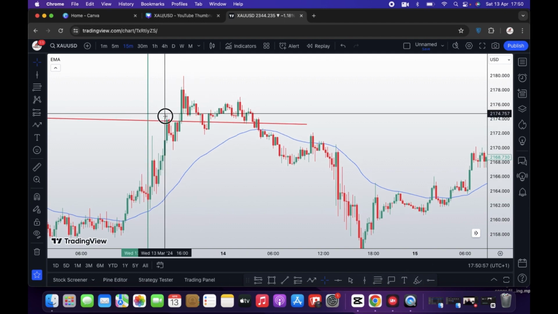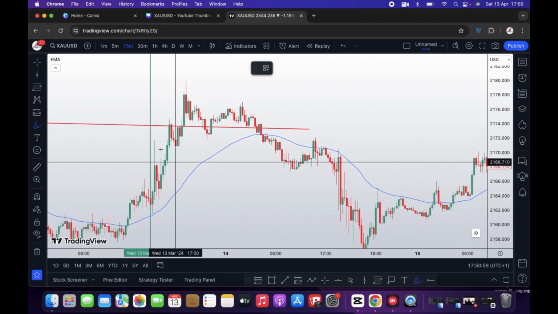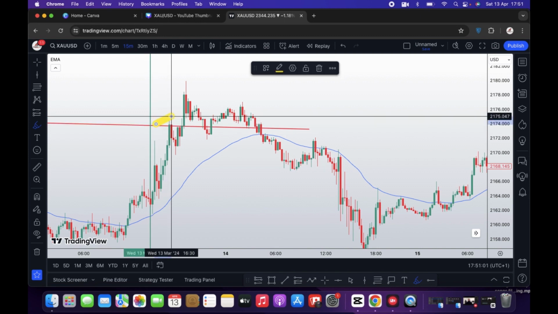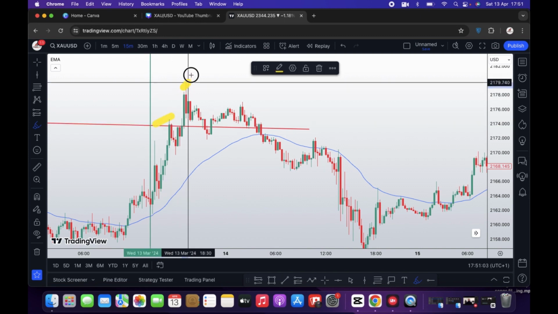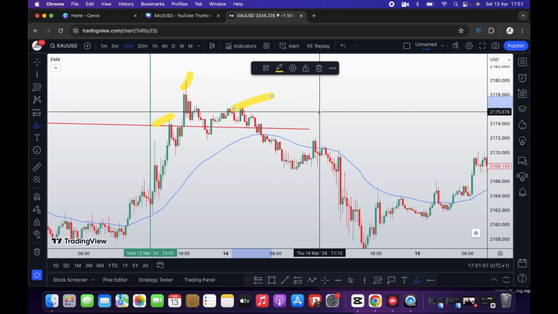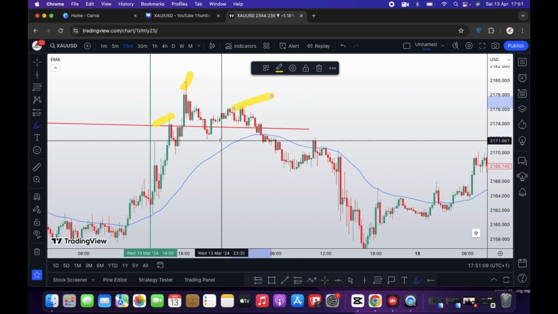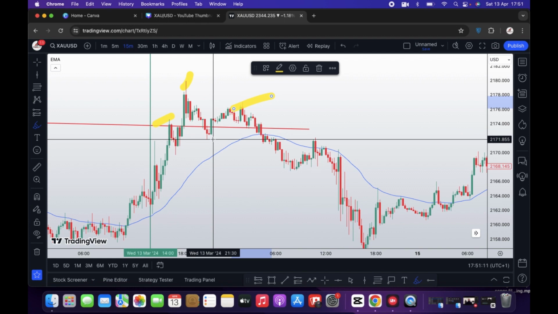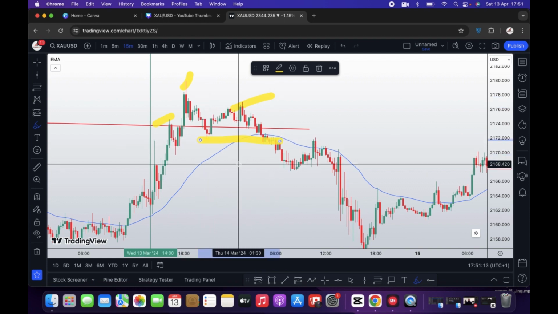You can see this spot here. This is a shoulder, because this is the 15-minute time frame. This is the head, and this is another shoulder. Then allow market to come back to take out the neckline, which is here.